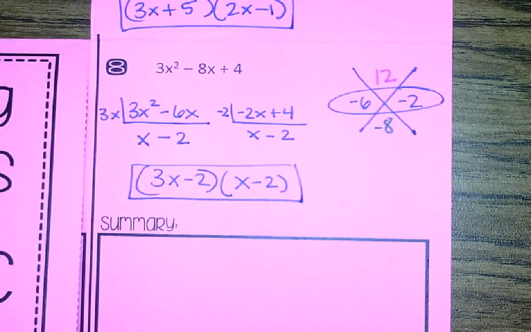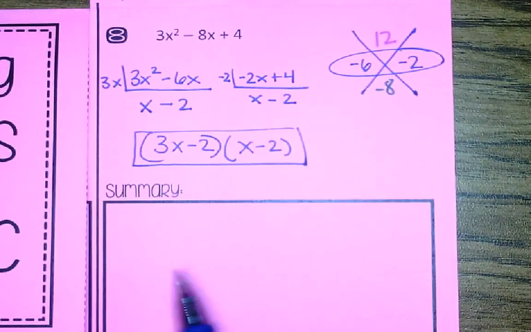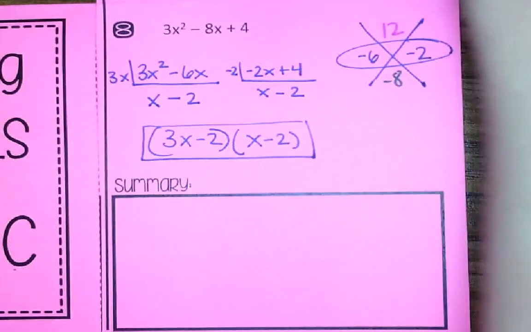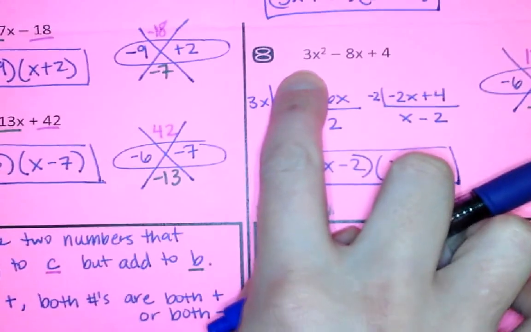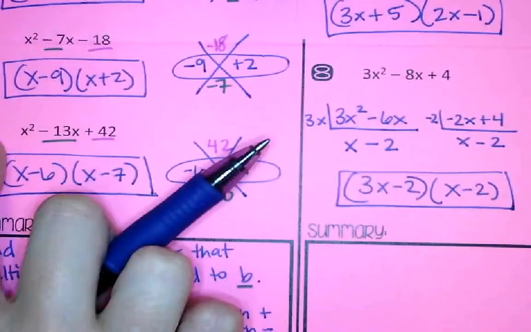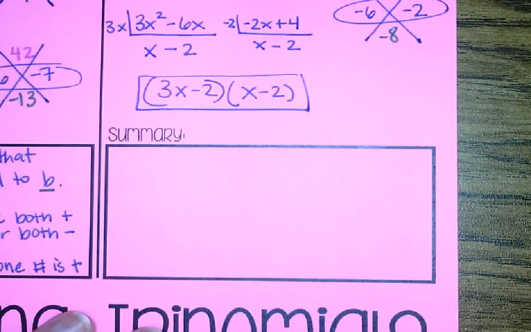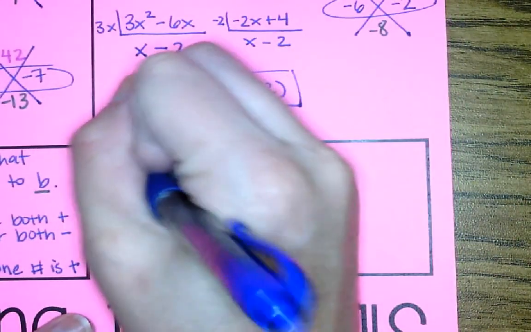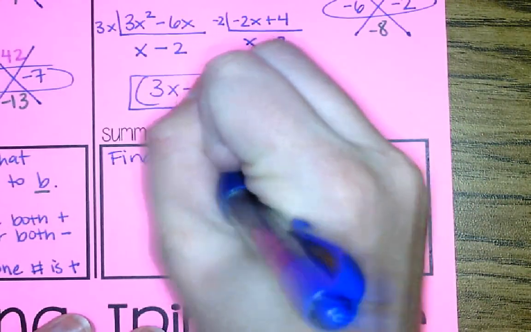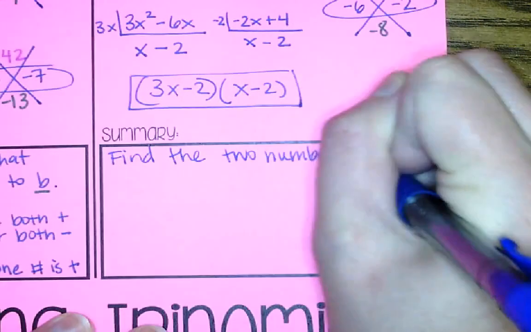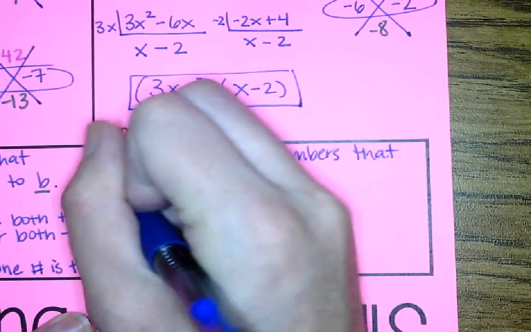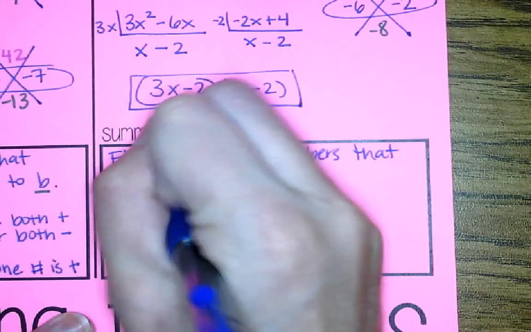All right, so for our summary here, what is the biggest difference between factoring trinomials that have a leading coefficient and ones that do not? You have to multiply the a and the c. Yes, for this one, you have to find the two numbers that multiply to AC.